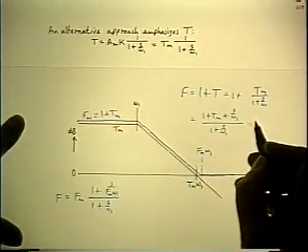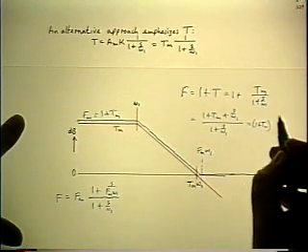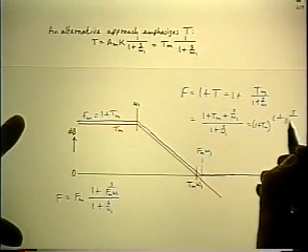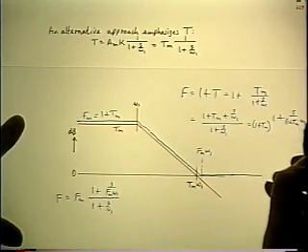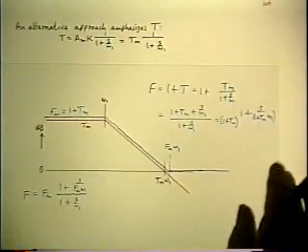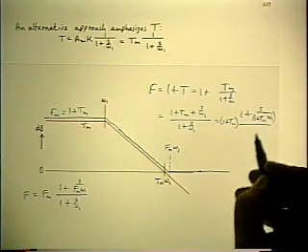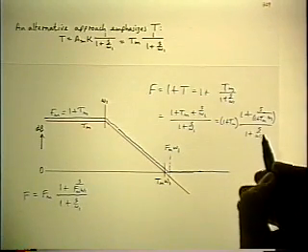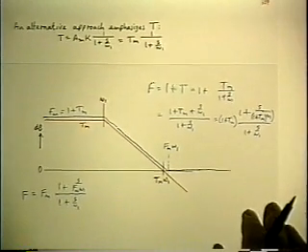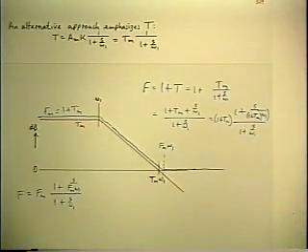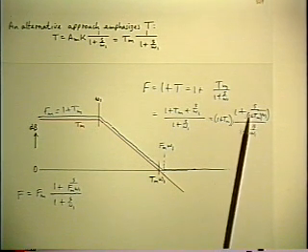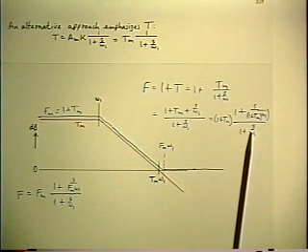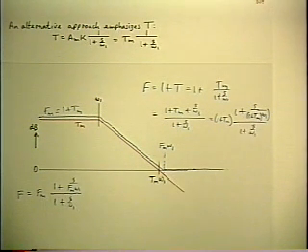Pull out the 1 plus Tm from the numerator. A little sketchy. Well, was the guess correct? Sure. Same result. Fm is 1 plus Tm.